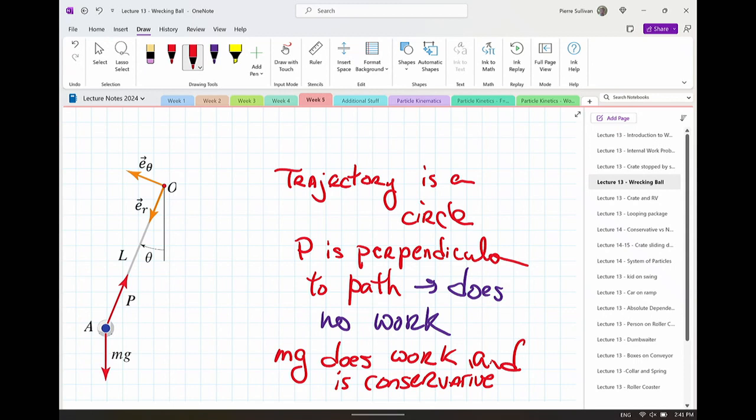So in this case, I only have conservative forces playing a role. There's no friction. Generally, when you have pendulum problems, you never have friction.